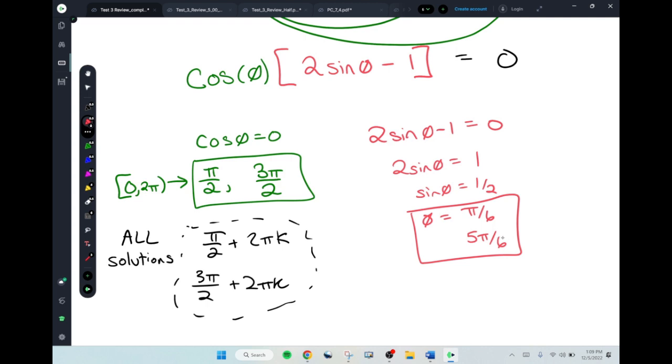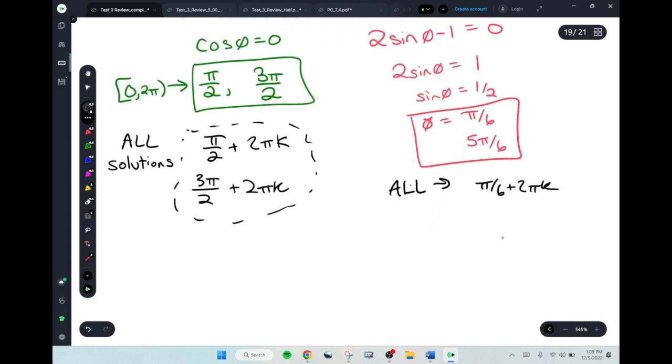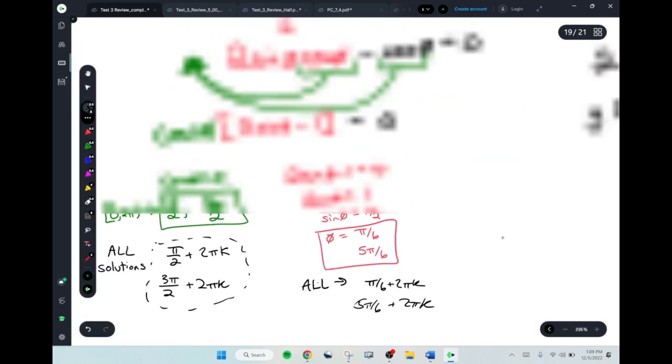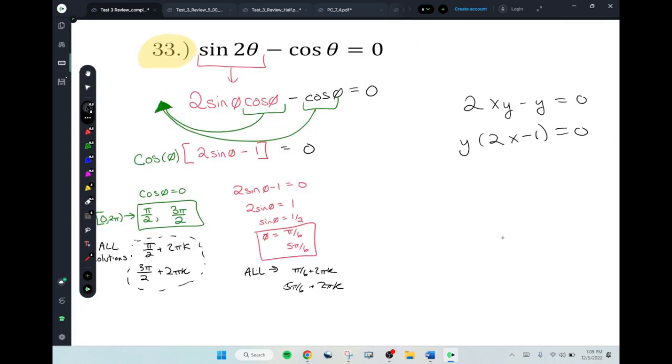You could add 2 pi k if they said all. You don't have to for this problem. But if they said all, it would be pi over 6 plus 2 pi k, and 5 pi over 6 plus 2 pi k. Love it. That's a great question. That is a good one. That one is like, yes, that will be there.